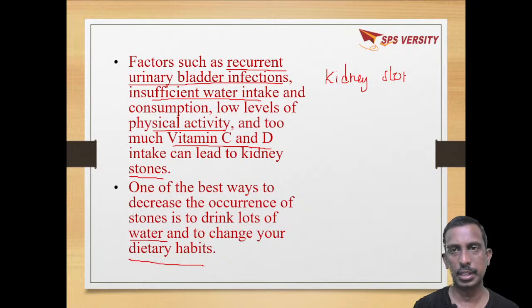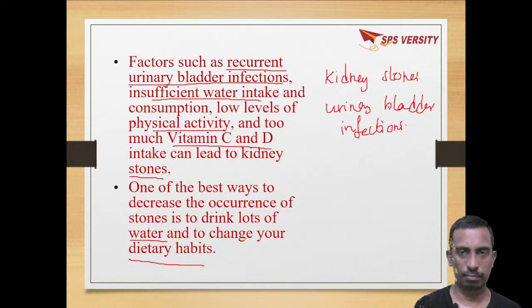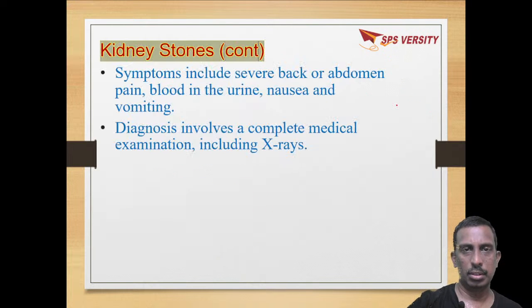And there is another one, urinary bladder infections due to lack of proper hygiene and less intake of water. These are all reasons for urinary bladder infections and kidney stones. So you can see kidney stones.